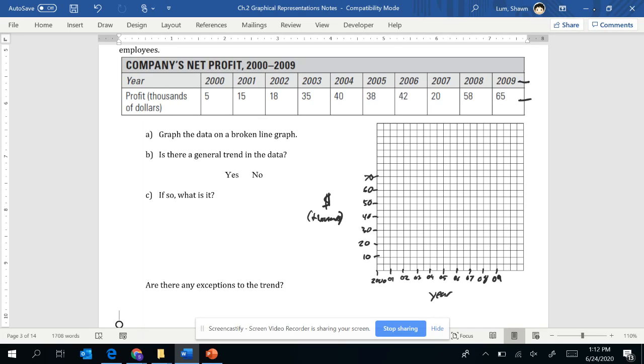Okay. So we're going to graph this. I go to 2000, and then we make a dot on 5. So that was 2000 and 5. And then 2001 and 15. 2002 and 18. 2003 and 35. 2004 and 40. 2005 and 38. 2006 and 42.